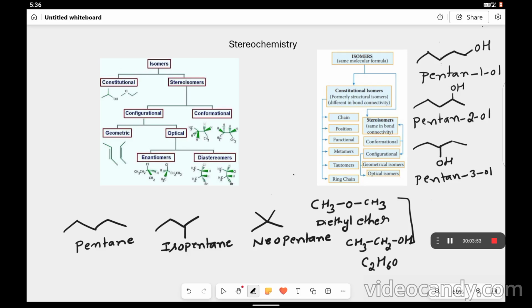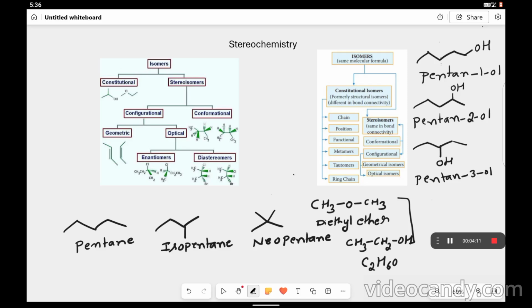Next one is metamers. So what do you mean by a metamer? Metamers are compounds having the same molecular formula and the same functional group, but the arrangement of the alkyl groups on either side of the functional group is different.